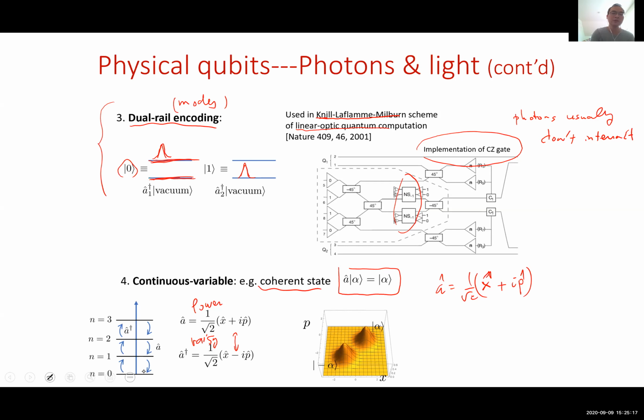So this is a 0 photon state. And if you use the raising operator, you will raise to a 1 photon state, and then raise again to a 2 photon state, etc. And the lowering operator does the reverse. A coherent state alpha is a state in this position and momentum plane that looks very Gaussian. So here I plot the alpha, and there's also the minus alpha.